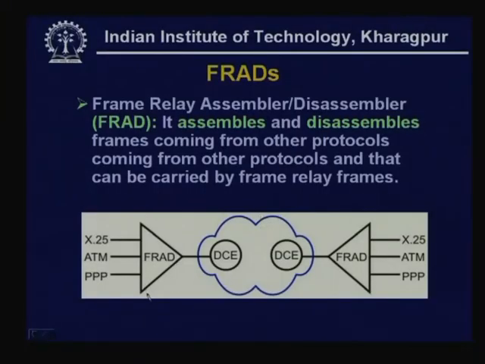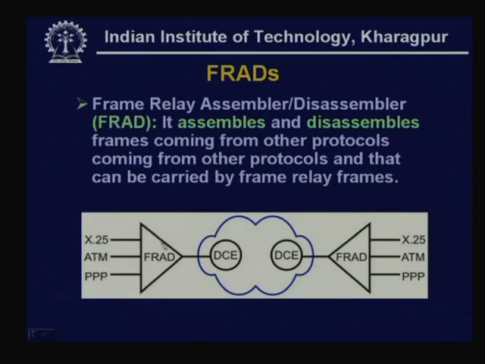Now, frame relay has been designed to not only support or send frame relay packets, it can also send packets coming from other networks, for example, X.25, ATM or PPP, point to point.